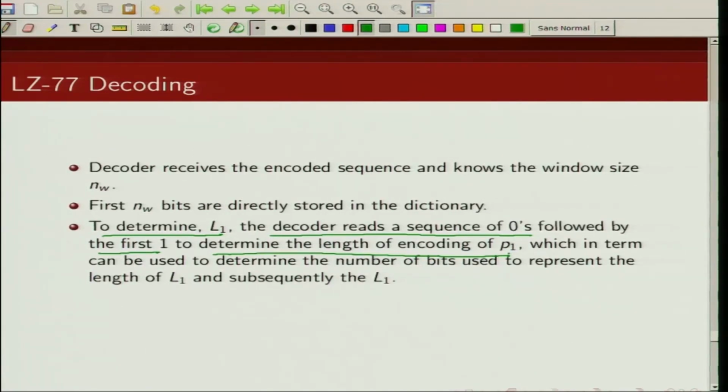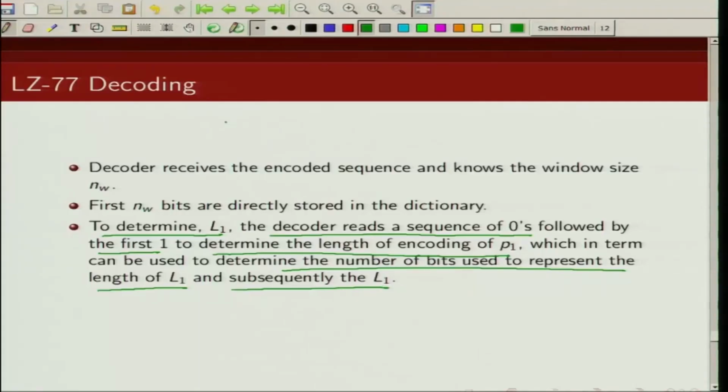Once it's known what P1 is, those number of bits are used to represent the length of L1, and once it knows the length of L1, it will look at the subsequent L1 bits to find out what was encoded. And we just gave an example to illustrate that.